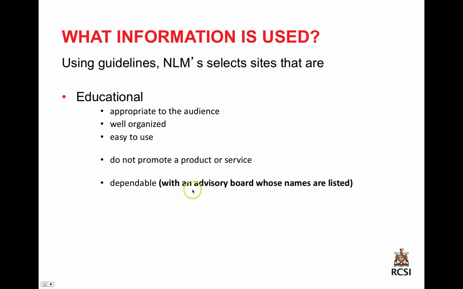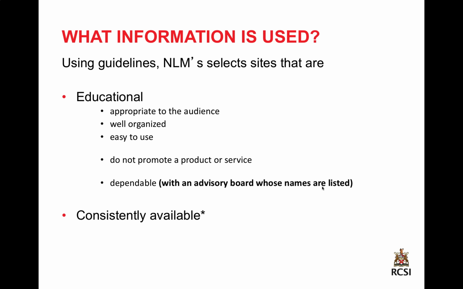And the advisory board, looking for something that is dependable, and by dependable they mean the site has an advisory board whose names are listed. So we're looking for basically a list of authors. And curiously enough, consistently available.